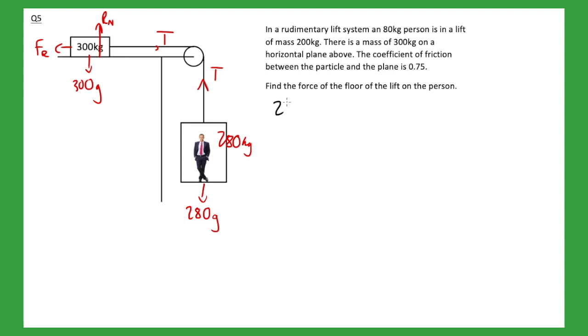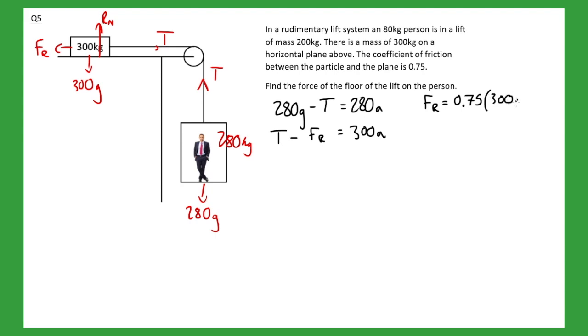Okay, so first equation, 280G minus T equals 280A. Second equation, T minus Fr equals 300A. Let's work out Fr. Fr equals 0.75 multiplied by 300G.